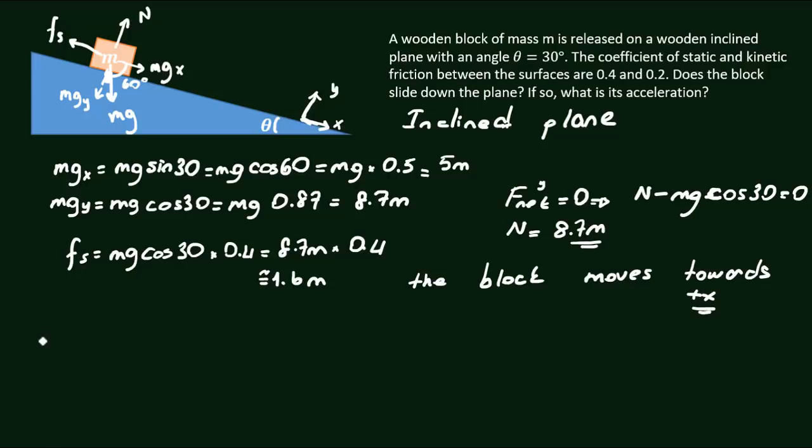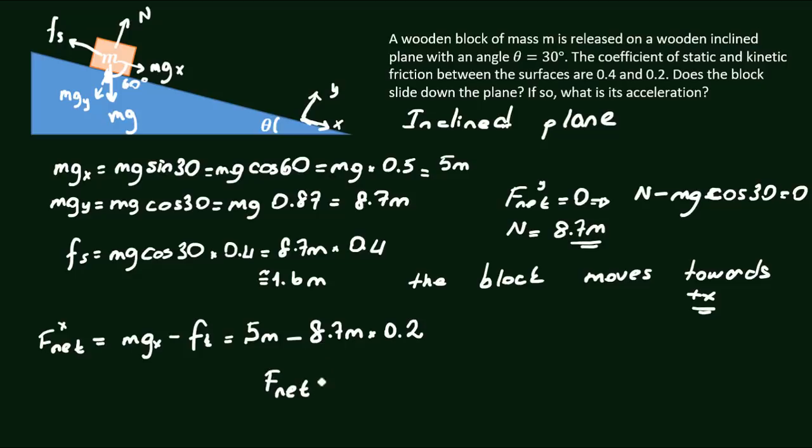So, once it starts moving, I can define a net force along the x direction, which is mgx minus kinetic friction, which is 5m minus the normal force 8.7m times 0.2, which gives us an F net of 3.3m along x.